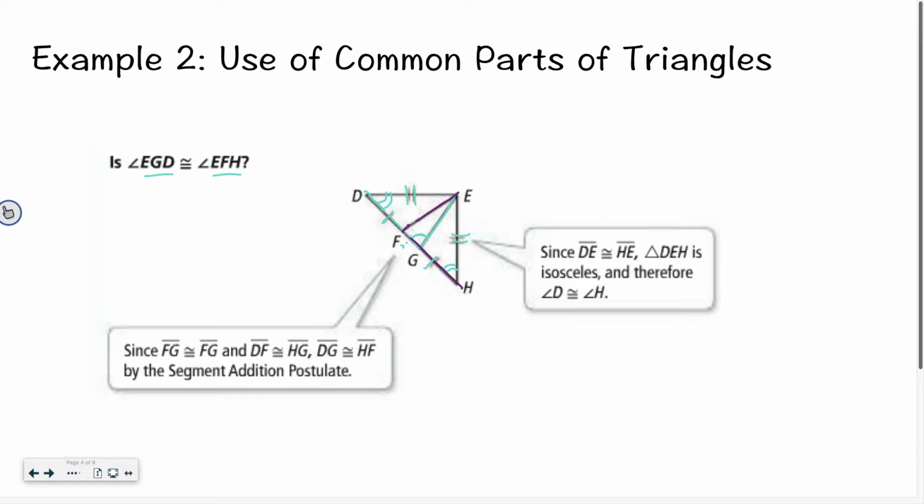Since I've looked at all of that information, because segment DE is congruent to segment HE, and we have angle D congruent to angle H, which we've highlighted, and we know that segment DG is congruent to segment HF, we can actually say that those two triangles, EDG and EFH, are congruent by side angle side.